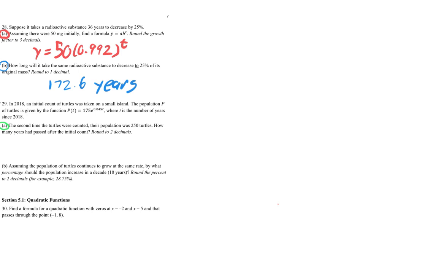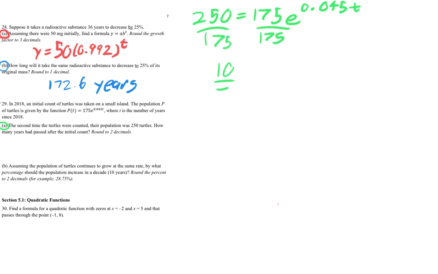So what we're going to do is set 250 equal to our P of t, so 175 e to the power of 0.045 t. First thing we're going to do is divide by 175. And this leaves us with 10 over 7 is equal to e to the 0.045 t.